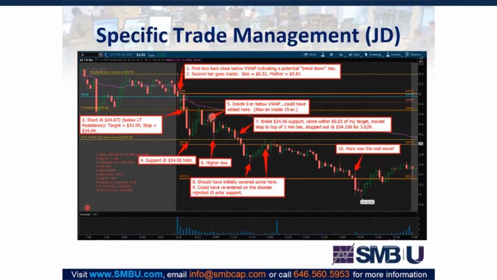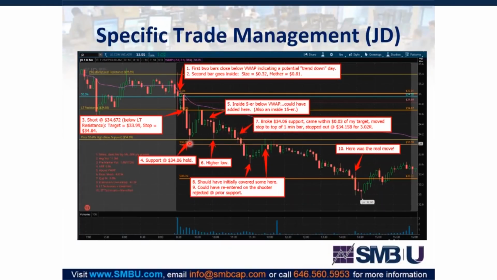Also, I wasn't at the time good at adding and reading the action of what was going on. But in hindsight, this is what I saw with these 3 consolidation bars, because then there was another nice breakdown. It did put in a bit of a higher low compared to the 34.06, but it didn't put in a higher high, which gave me a little bit of confirmation that maybe my target was going to be hit. Then the 34.06 support was broken.